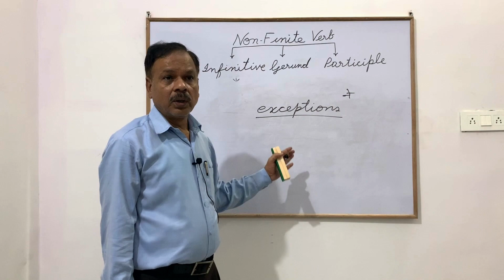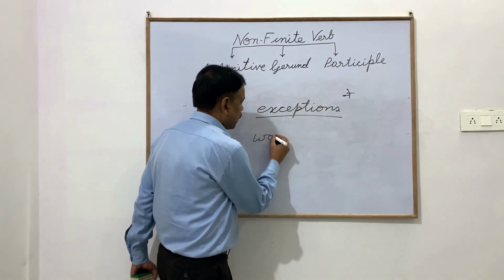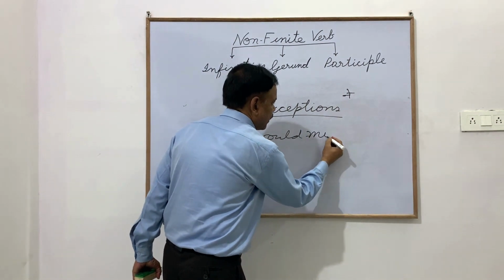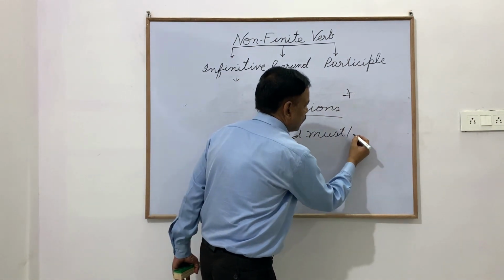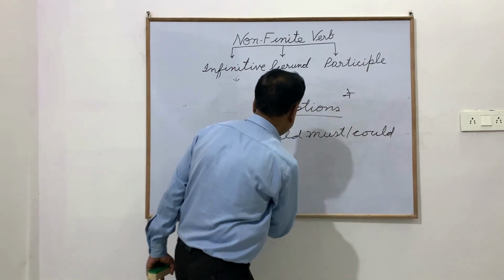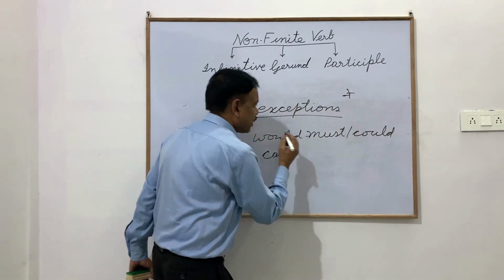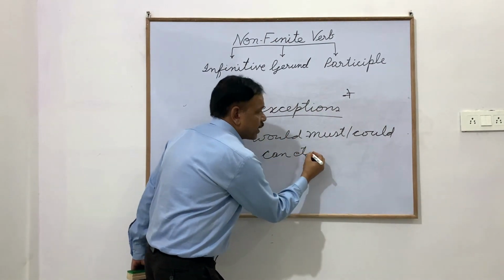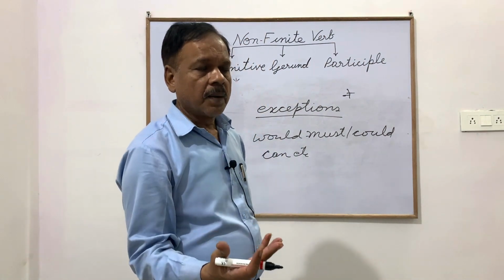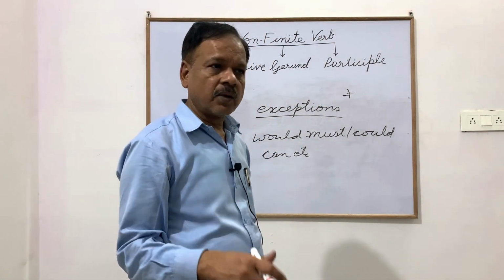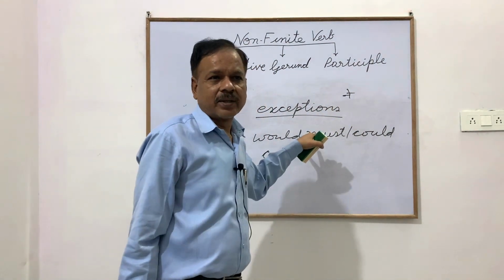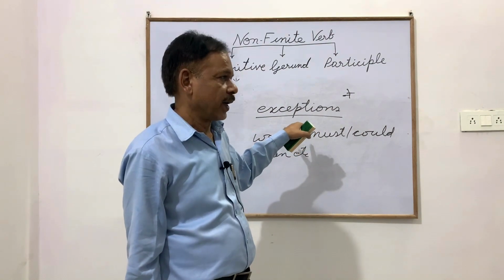Would, should, could, these, after them also must. Etc. So there are certain modals after which also the first form comes, the base form, that is a bare infinitive, but in that case you won't get it. That's why I'm telling this exception beforehand.